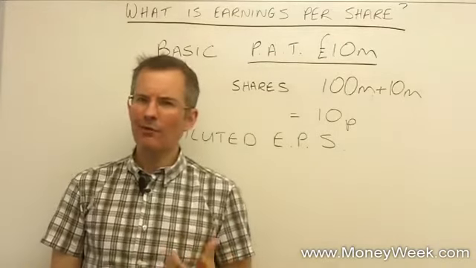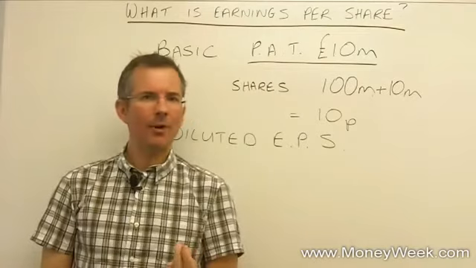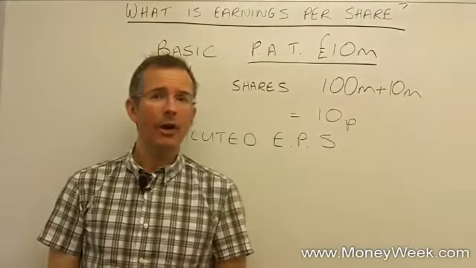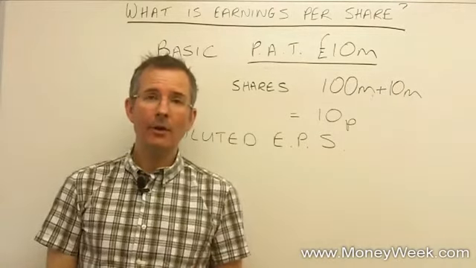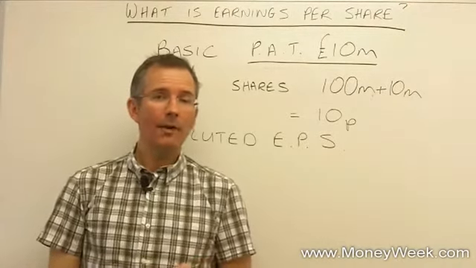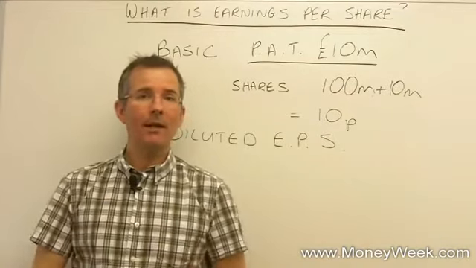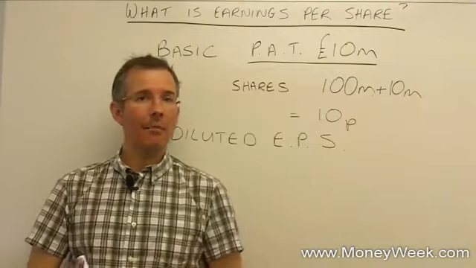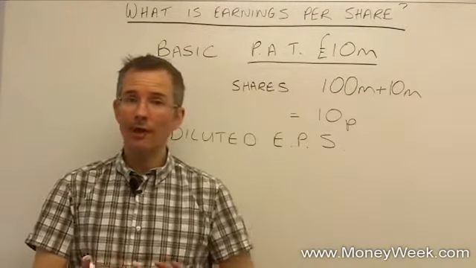Other examples of dilutive events are warrants outstanding, pieces of paper that allow you to buy shares, suddenly being exercised, or the conversion of debt into shares. Now what would that do? Well, if a company's got debt outstanding and the people who've lent the money have decided rather than have it paid back, they'd like to take some shares in the company instead, literally convert.